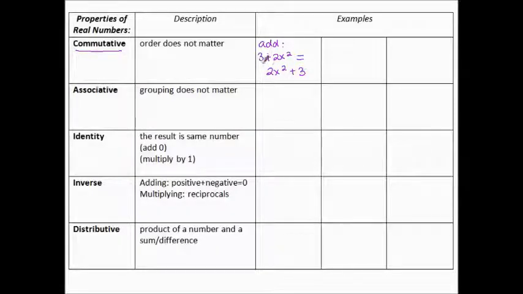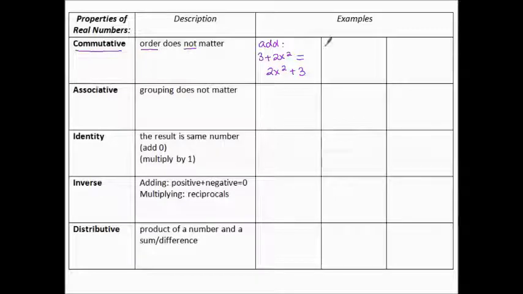Notice I changed the order of the 3 and the 2x squared on either side of the equal sign. The order does not matter for the commutative property.